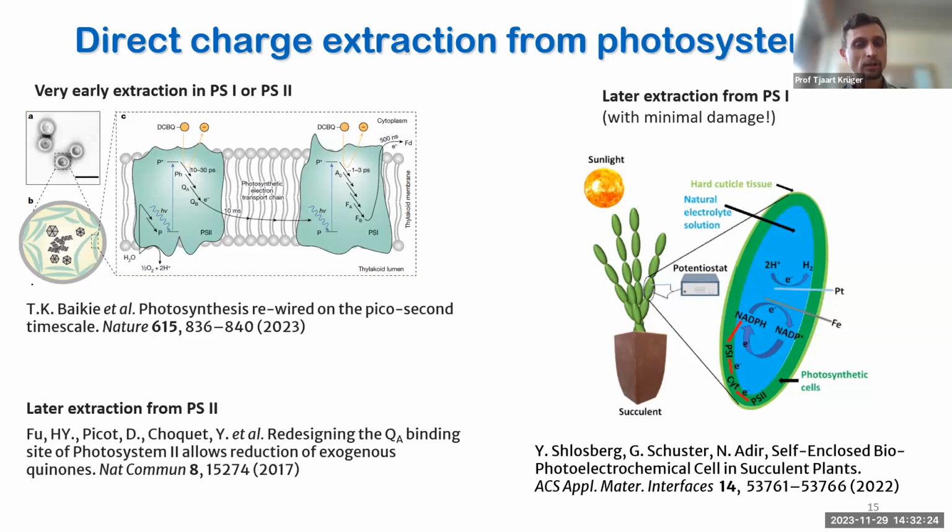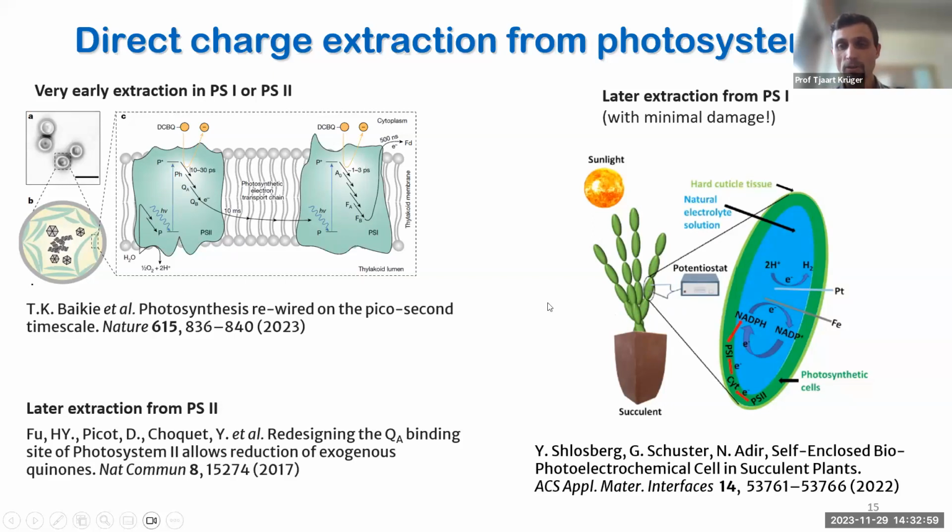A few years earlier, a similar concept was used to extract electrons from photosystem 2, but that was done a little bit later, from the plastoquinone, so a little bit later in this electron transport chain. But this was also a remarkable feat due to the fact that electrons could be extracted directly from the electron transport chain of either completely living organisms, like in this case, live cyanobacteria, or from the isolated photosystems.